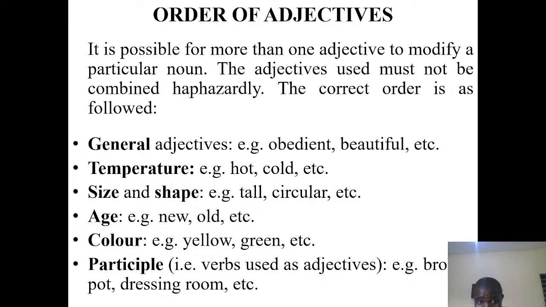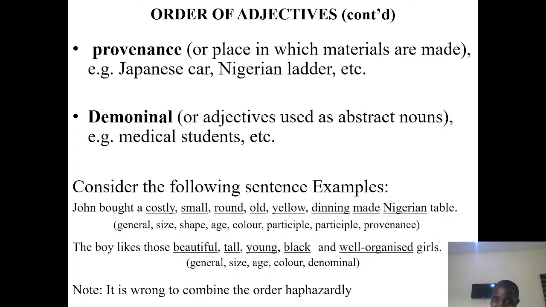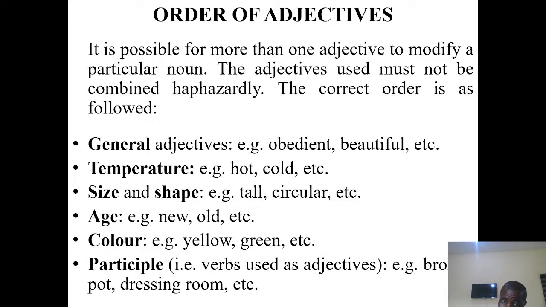No matter how you want to use it, the general should come first, the age should follow, participle should follow. If you are using temperature, color, and provenance, age will come first, participle or color will follow, provenance will follow. So it will be wrong for you to use temperature first before general, or use participle adjective first before colors.